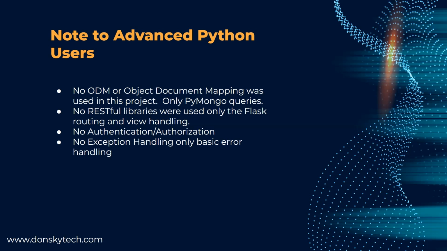There is no authentication or authorization and there is no elaborate exception handling, but only basic error handling. You can do all of this or research how this is done, but since the tutorial series is more oriented toward IoT developers, I intentionally left these particular topics out of this program.